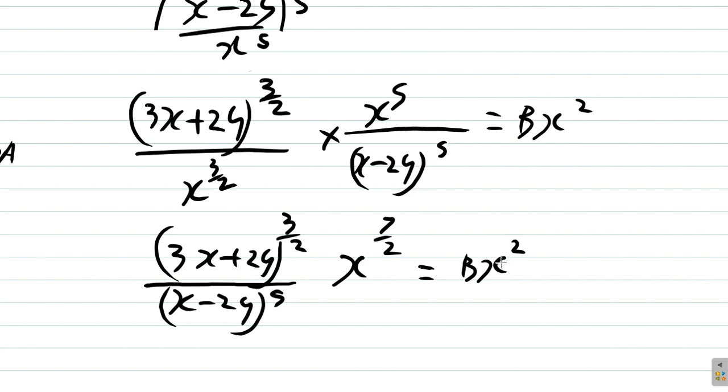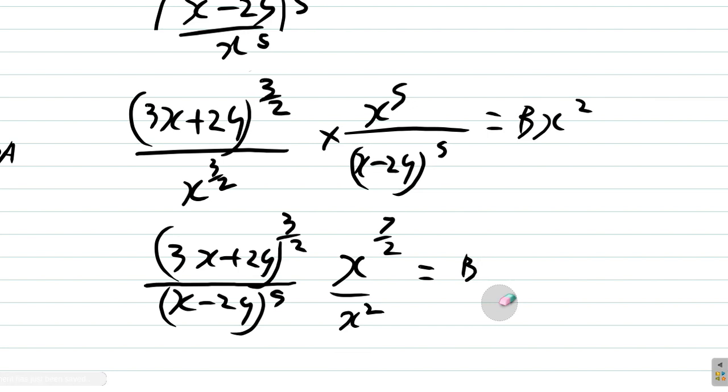Suppose now we divide by x squared. This over x squared, this over x squared. The x squared would cancel, so we have b alone.